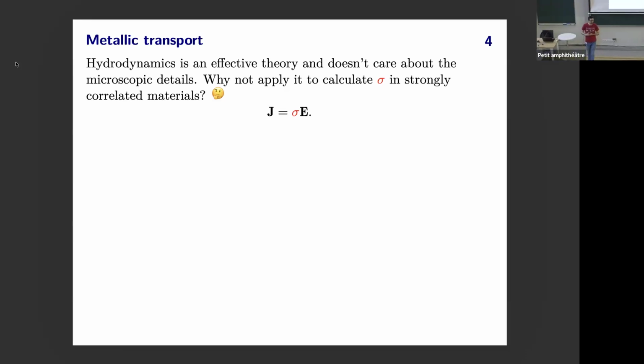So far I've argued that hydrodynamics arises as an EFT, and in particular is independent of microscopic details. So you might ask, then, for the audience at this workshop, there's some interest in strongly correlated electron systems. Why don't we look for hydrodynamic signatures in observables that are natural for this community?